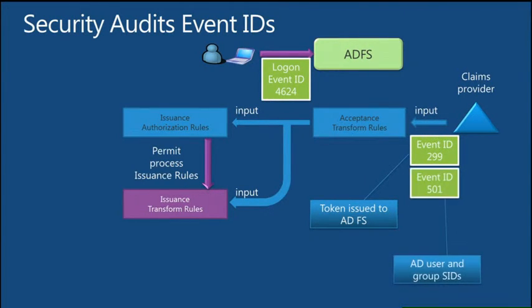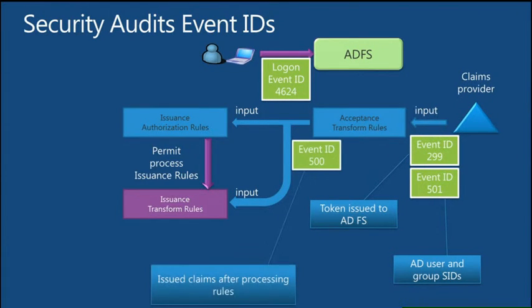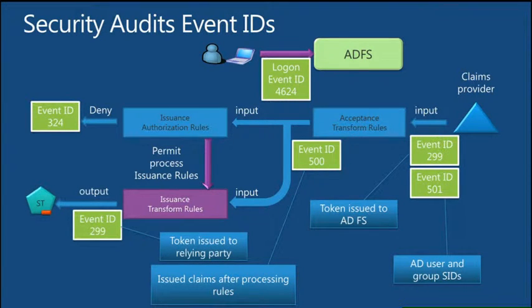The AD and user and group SIDs are in a 501. They end up in a 500 after the transform processing. And then after transform processing you get the issuance authorization rules, if it's a deny, you get a 324. And if it's successful, you get a 299, which tells you what you're going to send on the other way.